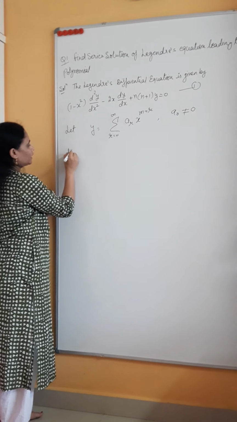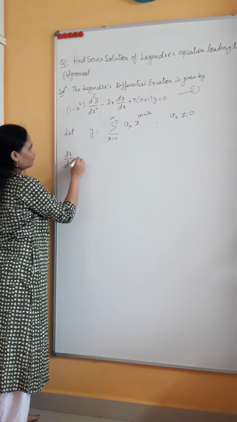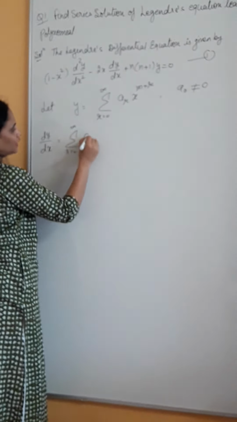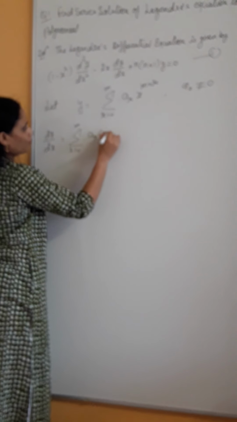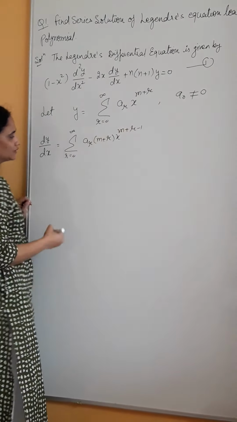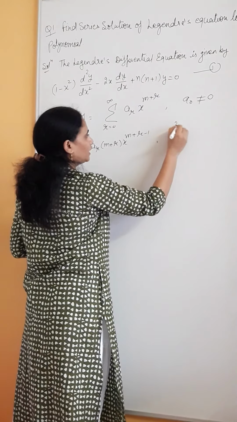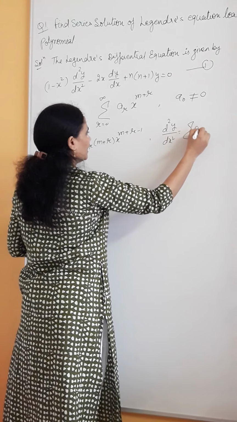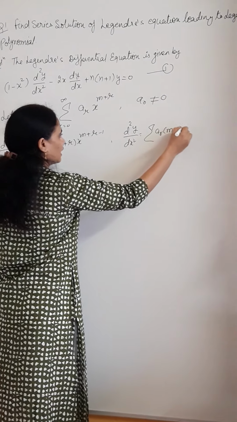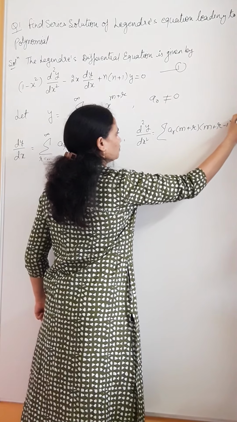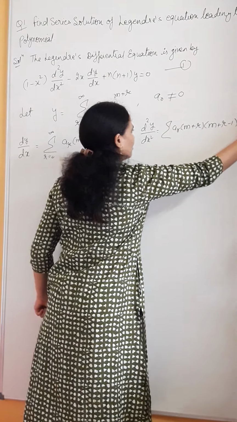So what is dy by dx? dy by dx is summation over r from 0 to infinity of a_r (m plus r) x power (m plus r minus 1). And the second derivative d2y by dx square is summation a_r (m plus r)(m plus r minus 1) x power (m plus r minus 2).